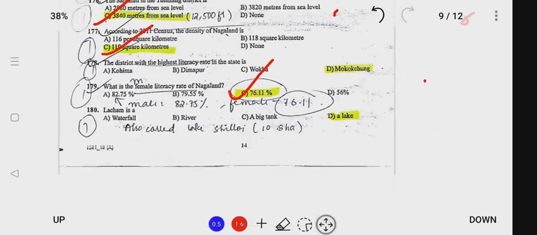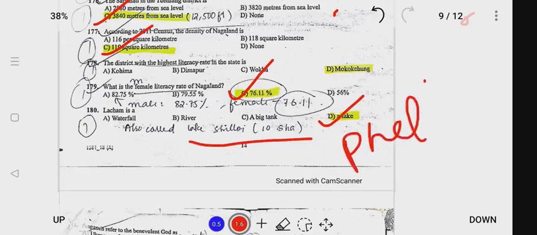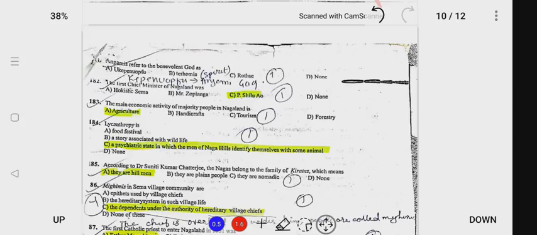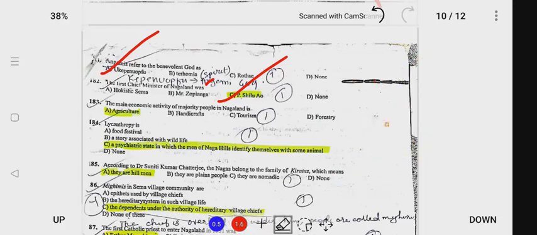Next, Lake Lacham is also known as Lake Shilloi, which is in Phek district. Next, Angamis used to refer to the benevolent god as Kepenopfu, and Terhuomia is the spirit. The first chief minister of Nagaland is Pu Shilu Ao, who was elected in 1964, and he belonged to the Naga nationalist organization.